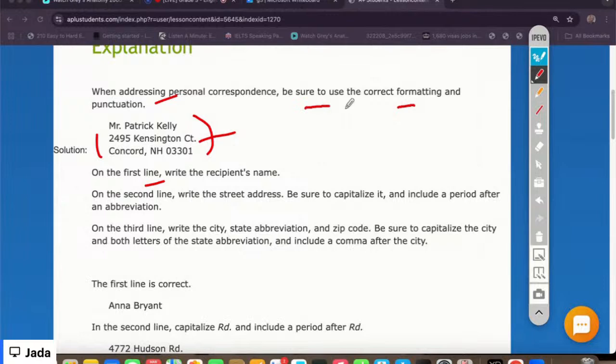So let's say we have the recipient first. This is the person that is receiving.